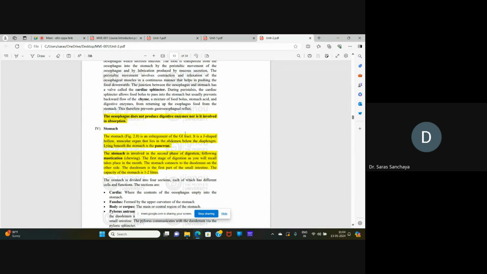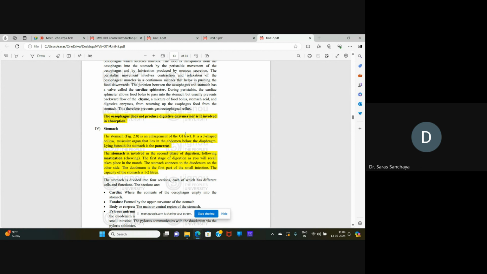Stomach is an important organ. Stomach is the enlargement of the GI tract. It is a J-shaped hollow muscular organ that lies in the abdomen below the diaphragm. Lying beneath the stomach is the pancreas. The stomach is involved in the second phase of digestion following mastication. The first stage of digestion, as you will recall, takes place in the mouth.